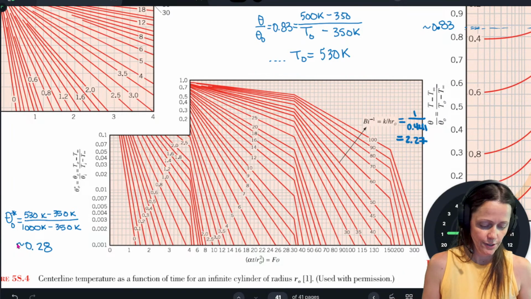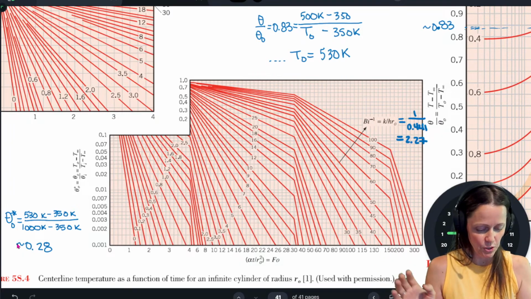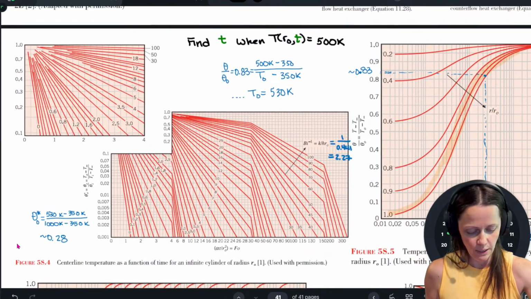All right, so that theta star naught, 0.28, it looks like I probably need to go up here.